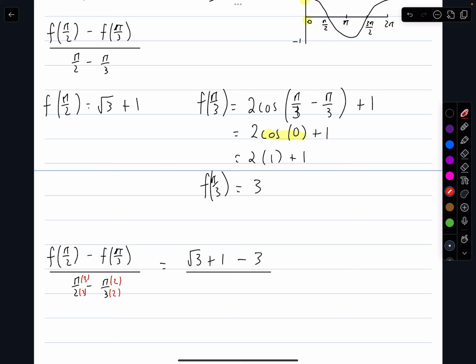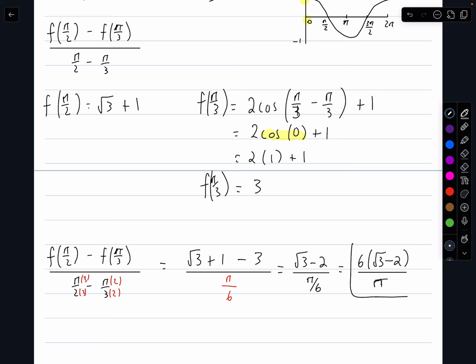And then we get 3 pi minus 2 pi, which is just pi over 6. And then from here, we can clean it up a little bit more. Root 3 minus 2 over pi over 6. And then we can clean it up again by bringing the 6 up top over pi. And this, my friends, is your average rate of change.